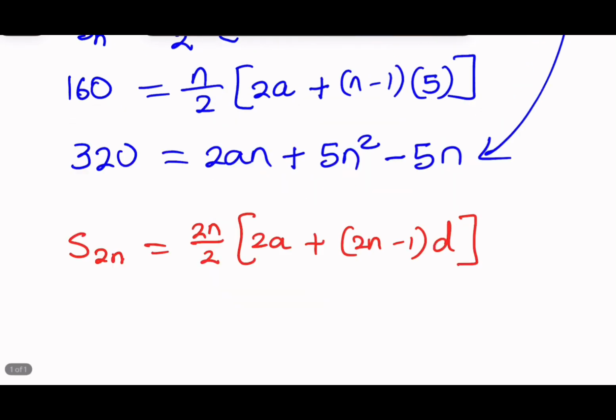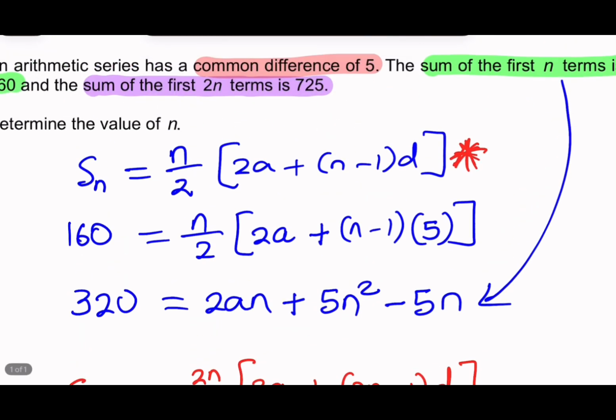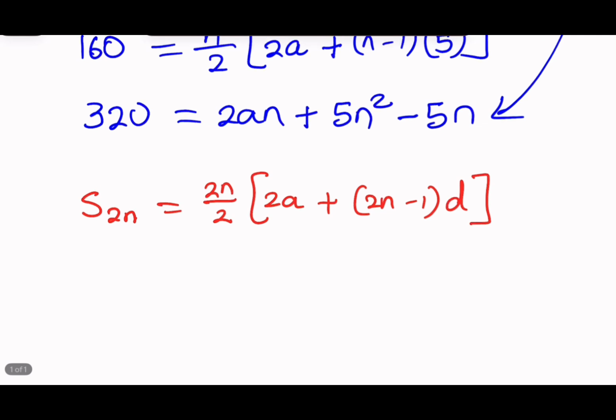They said the sum of the first 2n terms is equal to 725. So I say 725 is equal to, luckily, these twos are gone, so I'm left with n there.